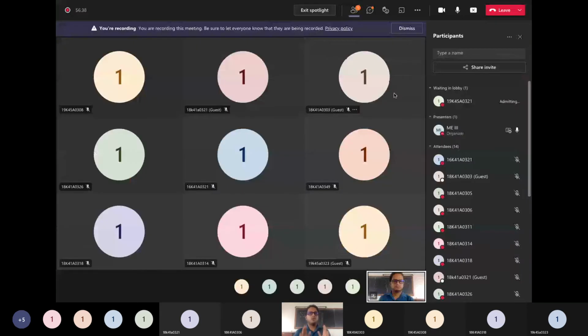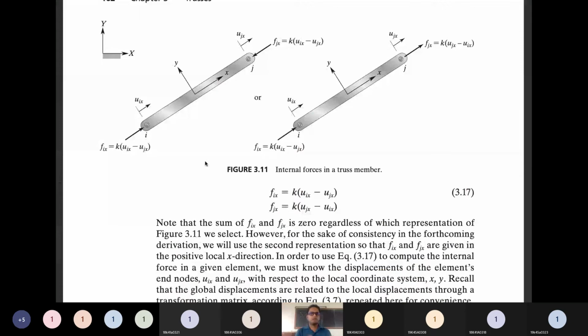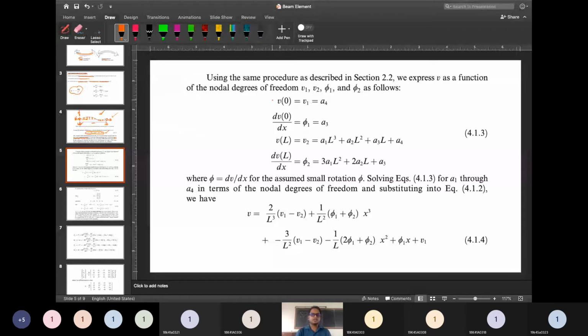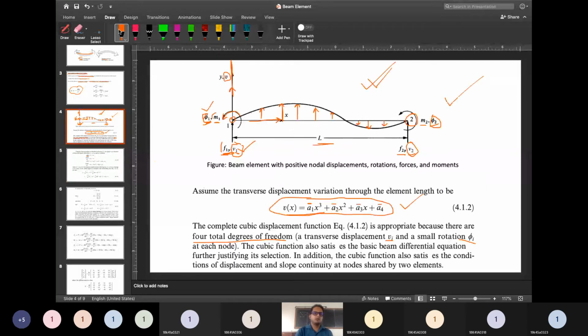now write down the boundary conditions. Okay, boundary conditions, how we will write, let's see. See here, this is our equation, and we know that at x equals to 0, where is x equals to 0?